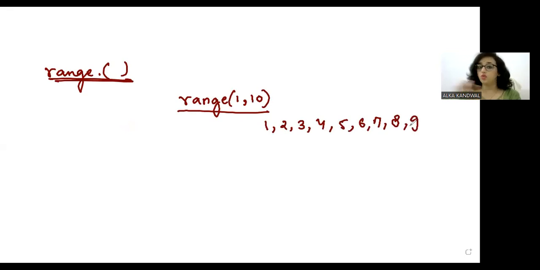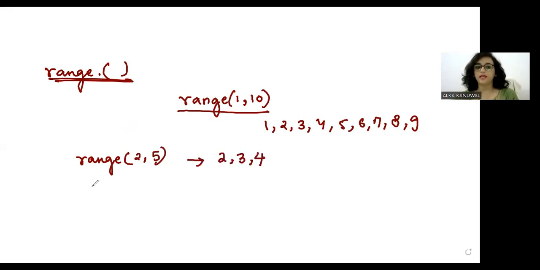It starts at 1 and stops at 9, one value before the higher range. Is it fine? For example, I said range 2, 5. What will be the values here? 2, 3 and 4. Does it make sense? Now, for example, I say range 1, 4. What are the values which will be there? 1, 2 and 3. Okay.